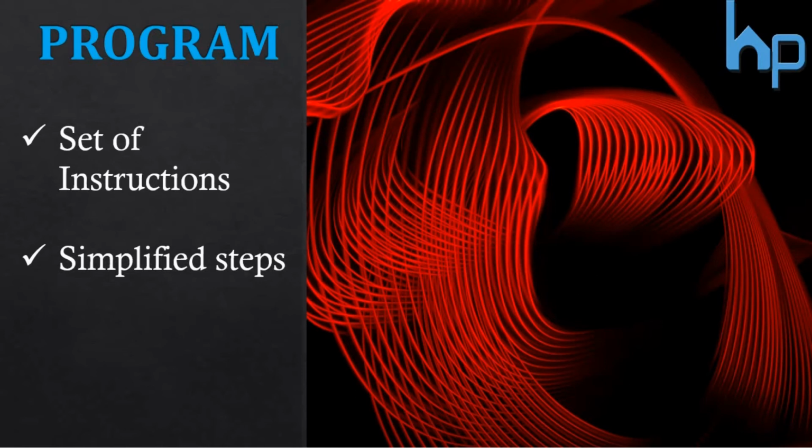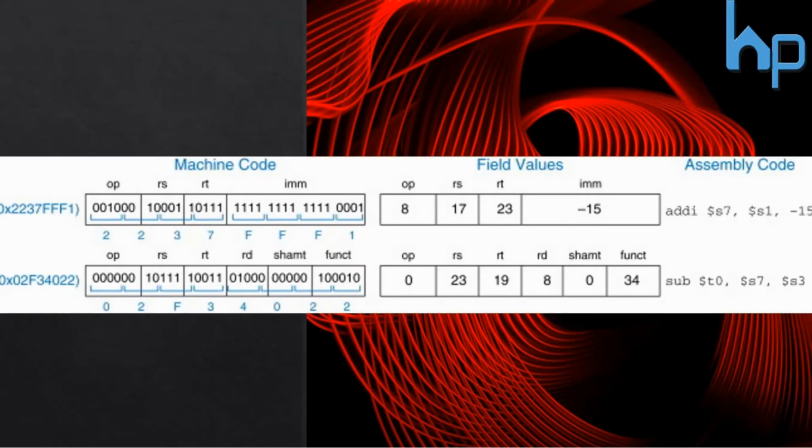So the program that is given to a computer will be converted into machine level language code, which is nothing but zeros and ones, the binary values of the program. This machine level language code will be understandable by your computer. Whereas the high level language is the programming language which is used to provide simplified instructions to your computer. So this is about machine language code and high level language code.